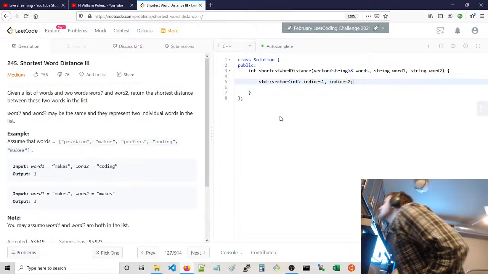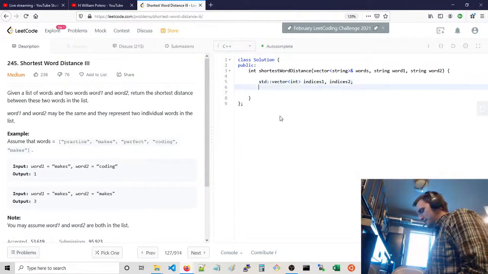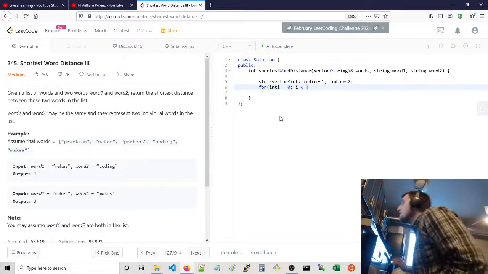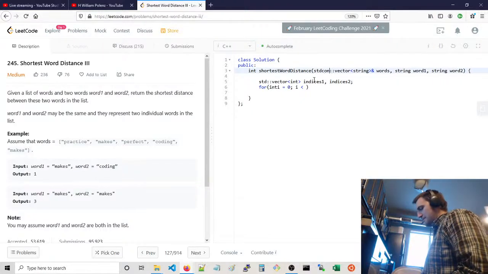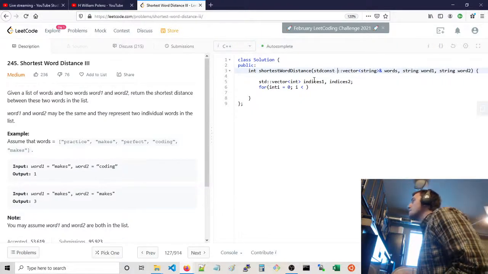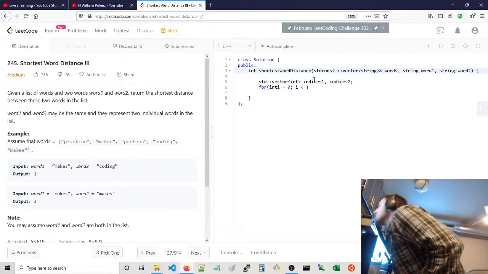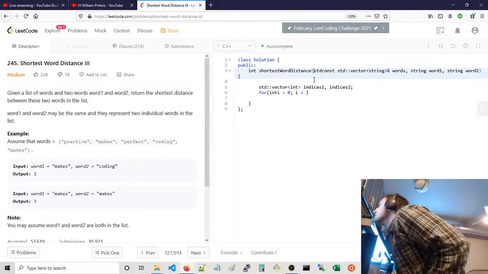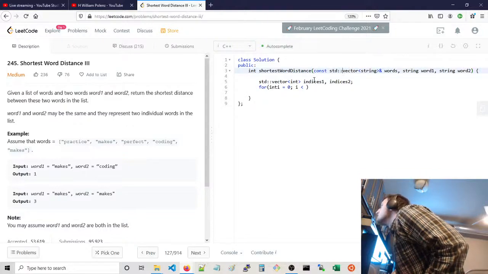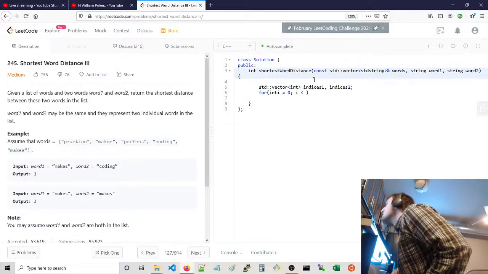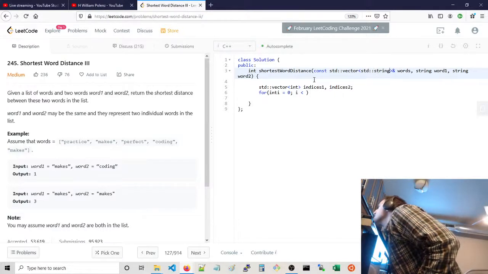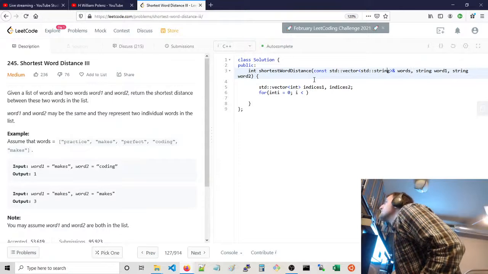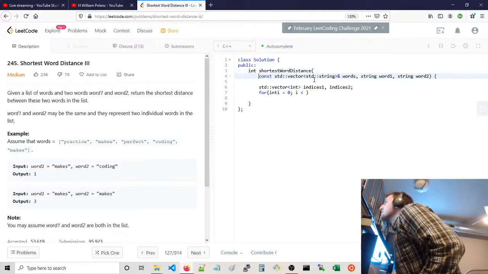And we're going to say for int i equals 0, i is less than words dot size. We can also modify this. This is a const. You can modify all of these.